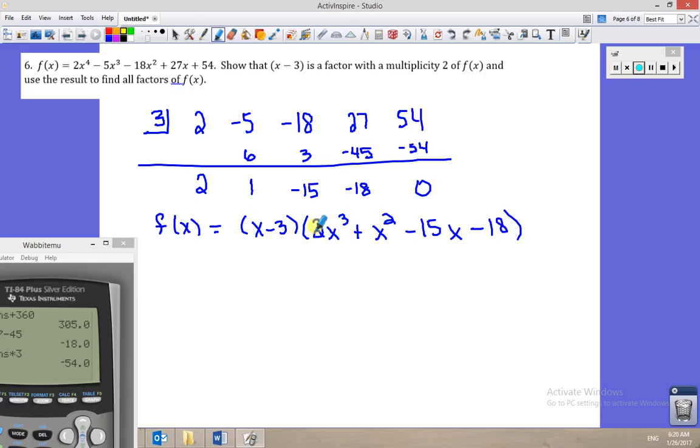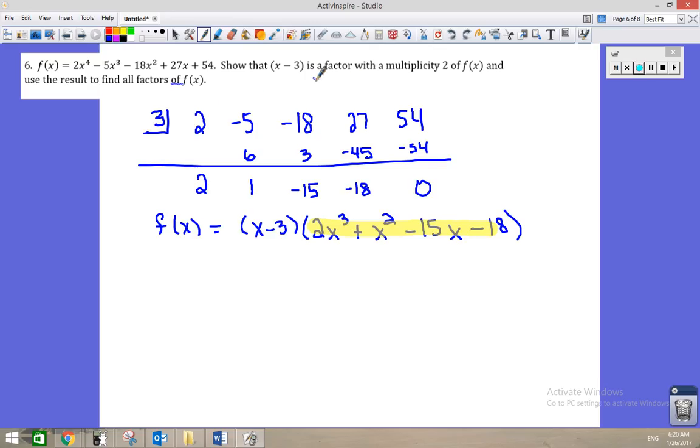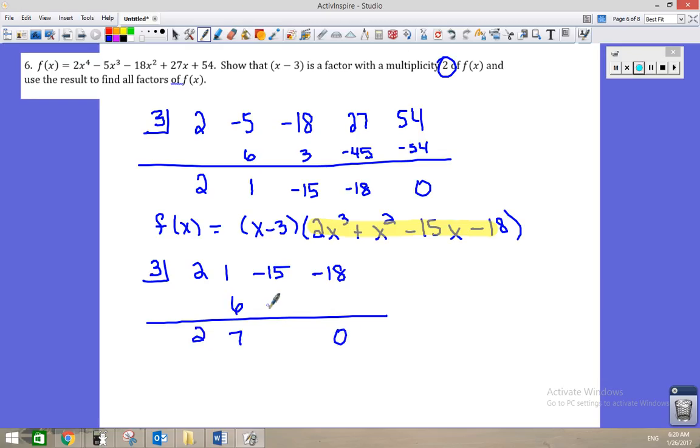And I know that this guy, I can use synthetic division, and since the multiplicity was 2, I can do this again with the same number here, but only with this reduced polynomial degree. And I should get a 0 again. Let's see if I do. And I do.